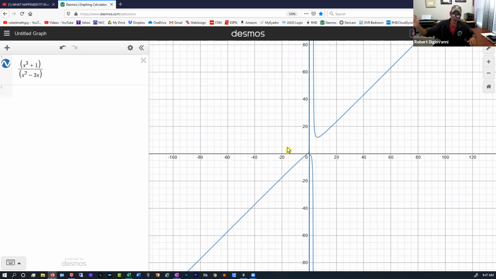It looks like the right side goes up and the left side goes down. Now, if we look at the actual function, x cubed plus 1 over x squared minus 3x, we'll notice that the degree of the numerator is 3, the degree of the denominator is 2. So the 3 being bigger than the 2 is why we have the ends doing what they're doing.